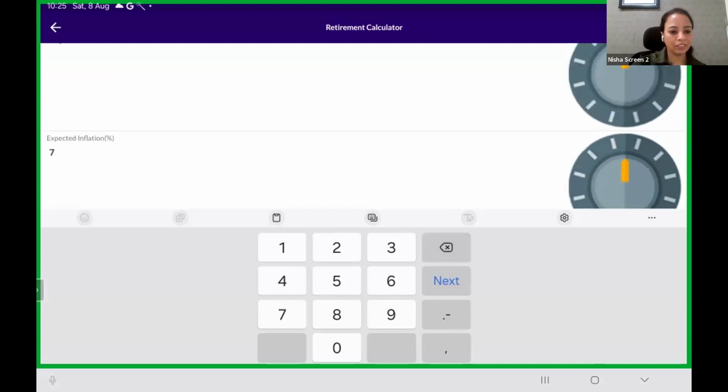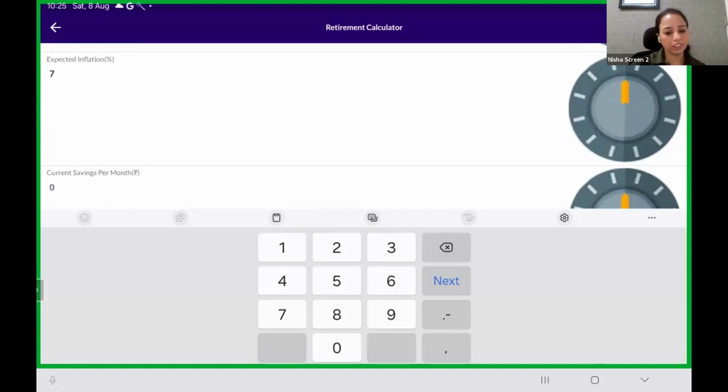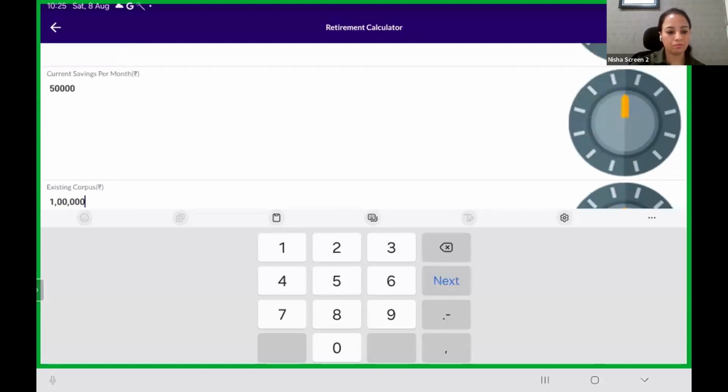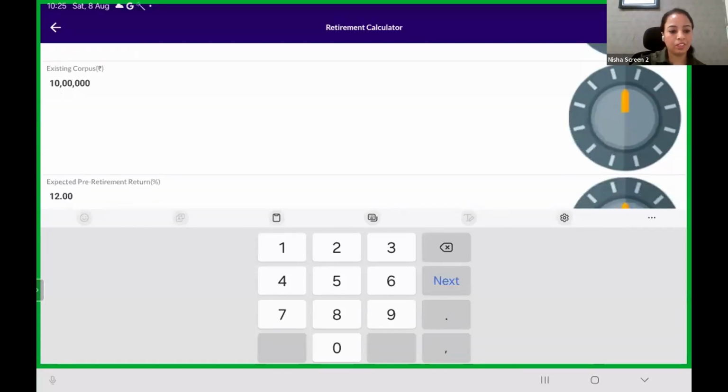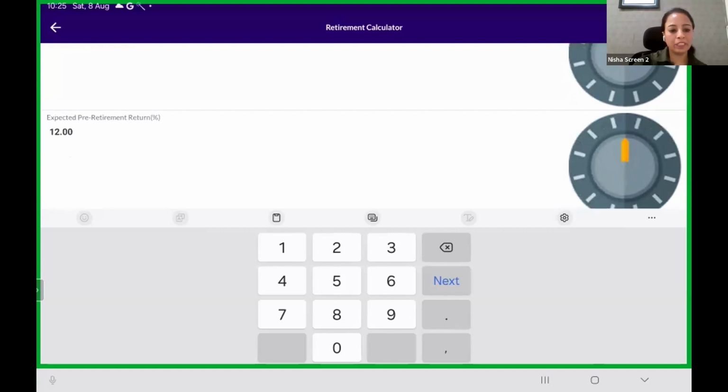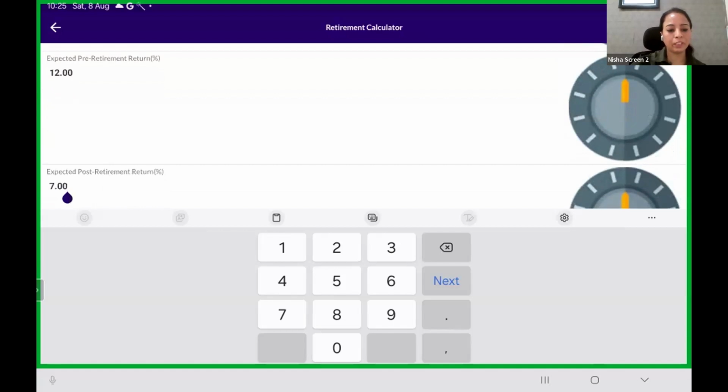And let's assume that the current savings per month is also 50,000. Existing corpus for person A is 10 lakhs. We are expecting the pre-retirement return to be 12% and expected post-retirement return is 8.5%.